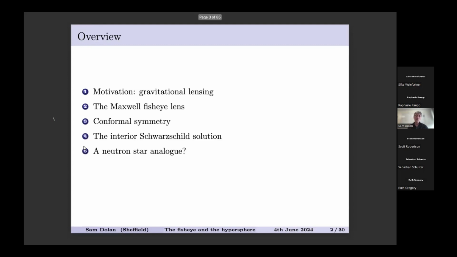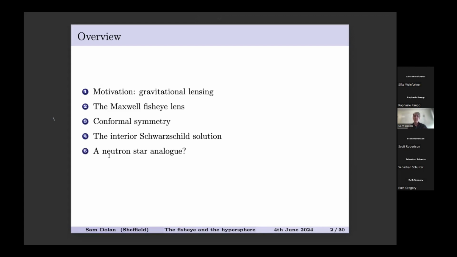Then I want to get on to thinking about physical spacetimes and how they might relate back to the Maxwell fisheye lens, once we understand that the perfect focusing is coming from the fact that there's a spherical geometry associated with this lens. So we're going to be using conformal symmetry. We're going to be leaning into that to make some of these links.